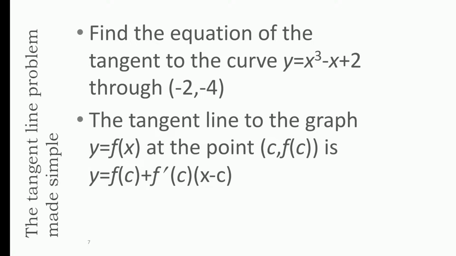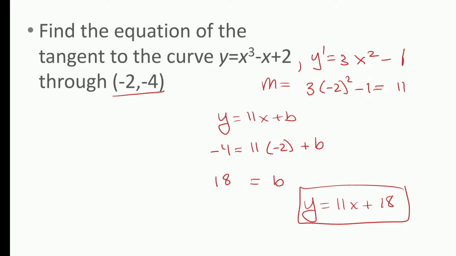So this is the same. I'll actually write this down over here on the slide, or on Notability. You have f of c plus f prime of c times x minus c. So let me just go back here and write that down. Y is equal to f of c plus f prime of c times x minus c.